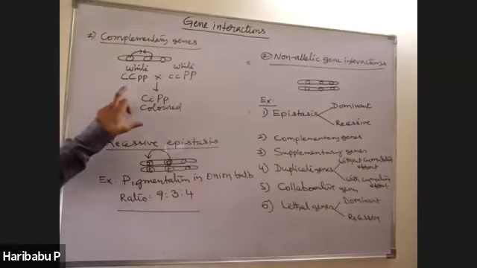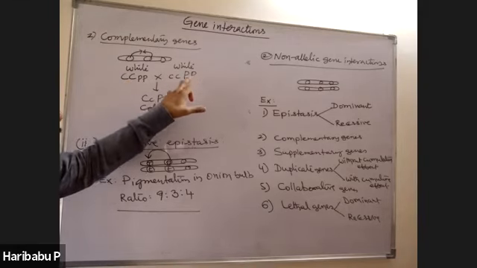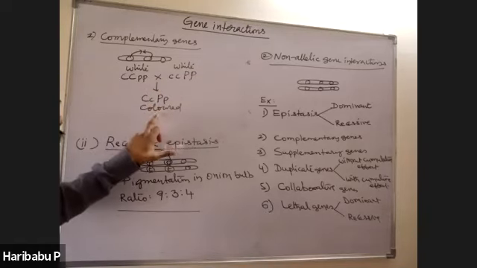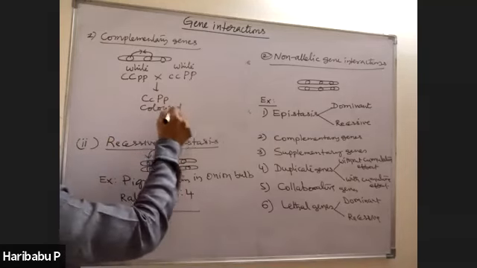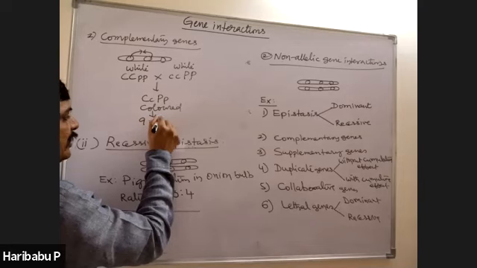This dominant gene cannot produce color individually, and this dominant gene cannot produce the color individually. Now these two interact and produce a new color, that is called colored flowers. When these are selfed, in the F2 a modified ratio is produced, that is 9:7.